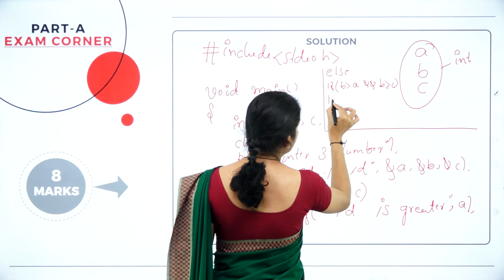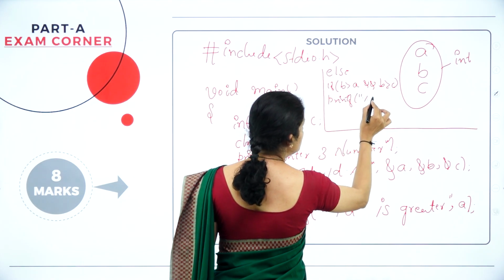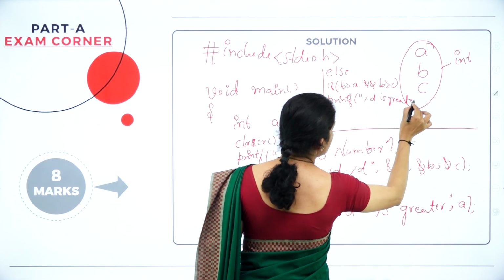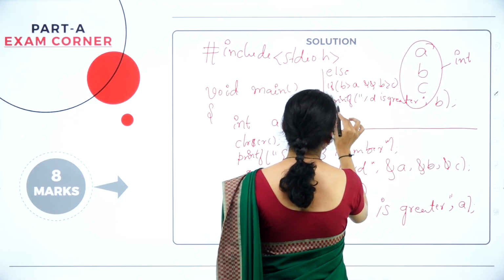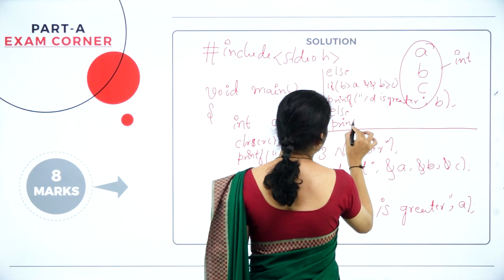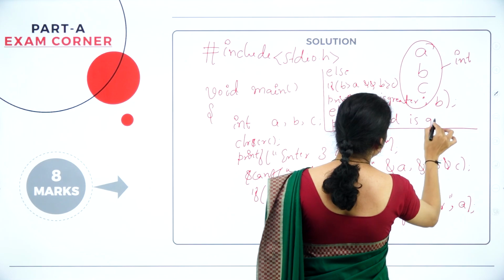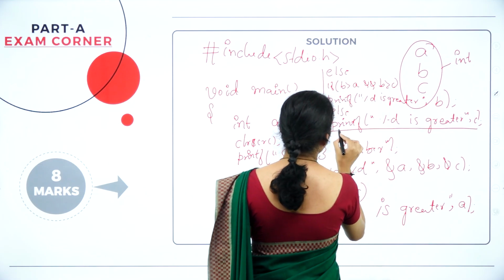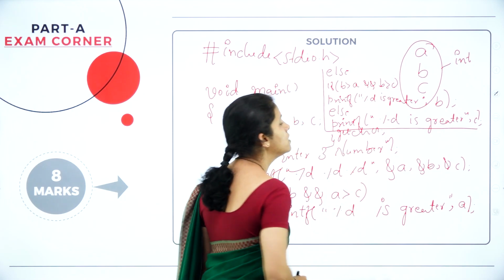I want to print %d is greater, variable B. Else, which is the next option remaining, printf %d is greater, variable C. Then I want to write getch and close the main function.